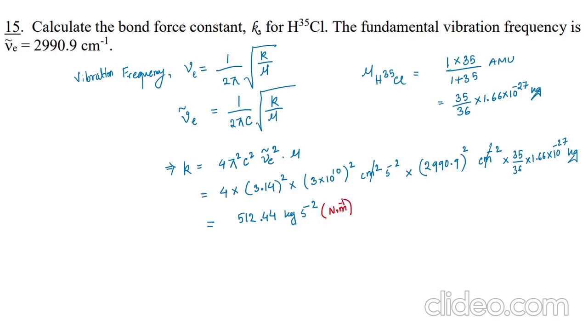Why? See, Newton is kg meter second minus 2, and if you divide it by meter, you get Newton meter inverse.